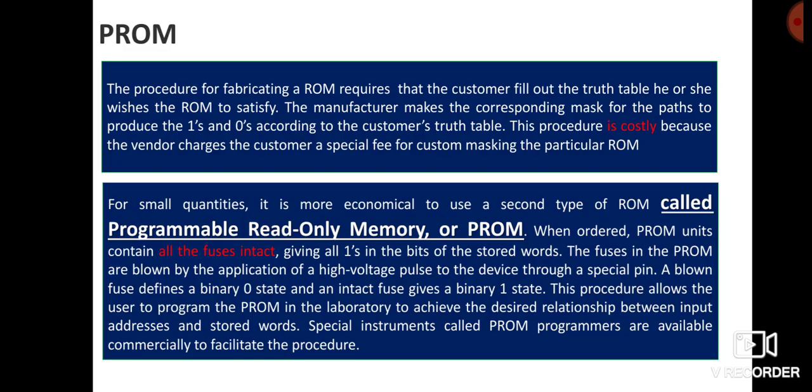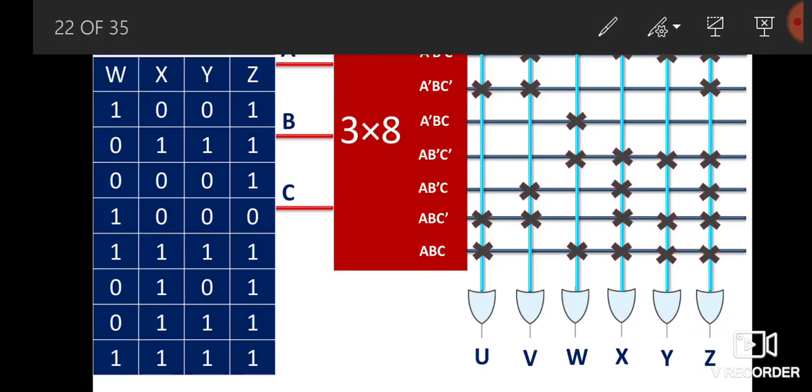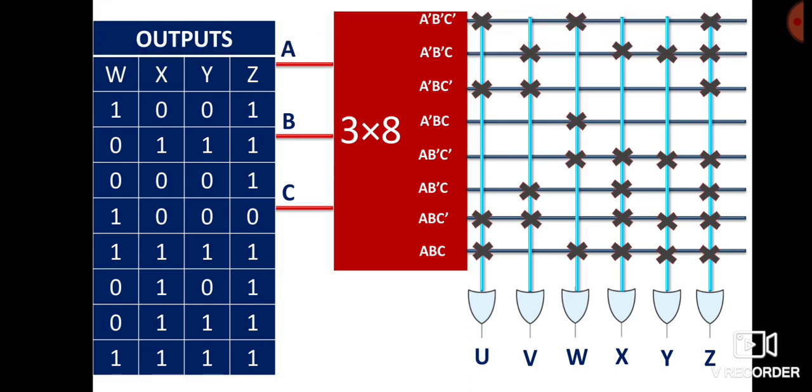Okay, so that was all about your ROM, and you have seen how the information was stored, or in other words the programming of the ROM. And in this slide you have seen a method of how you can implement a combinational circuit using ROM.